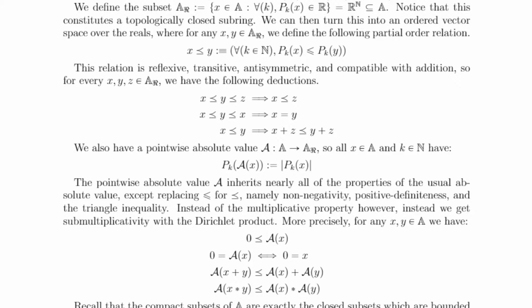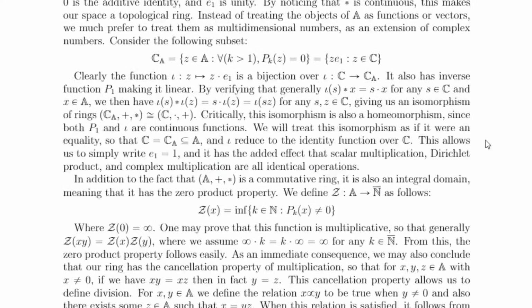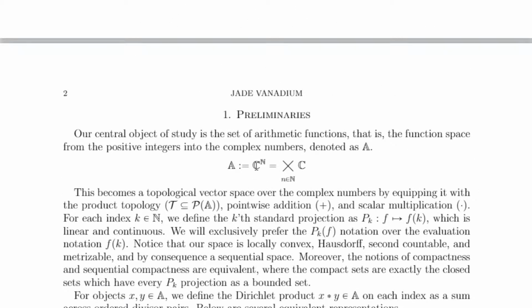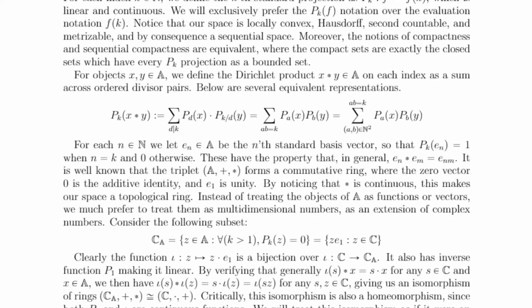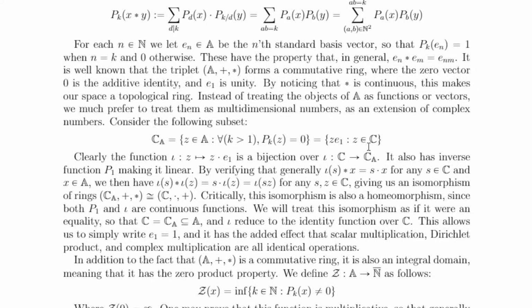So that is the preliminaries. As a recap, we have our sequence space of complex numbers. We're giving it pointwise addition. We're giving it all these projections to talk about their different parts and indices. We're giving it a topology. We're giving it the Dirichlet product. We're treating it as a superset of the complex numbers, in that our complex numbers are all the sequences which are non-zero only on the first index.